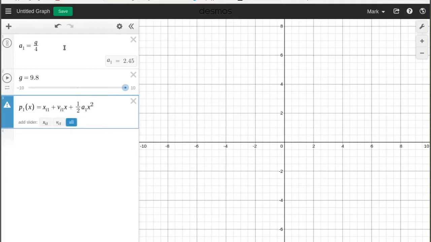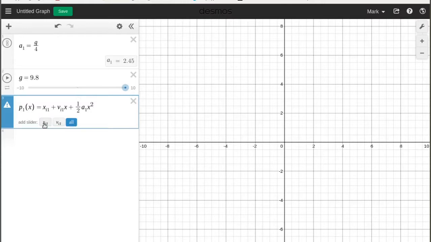So we've got the initial position plus the initial velocity times time plus 1/2 the acceleration times the time squared. And you notice that I'm using x as my variable standing for t, and I'm using p to stand for position. I know this is confusing because we usually do our equations by hand using t for time and x for position. Desmos is, I find, a little bit unhappy if I use t that way. So we're using x to stand for time here and p to stand for position.